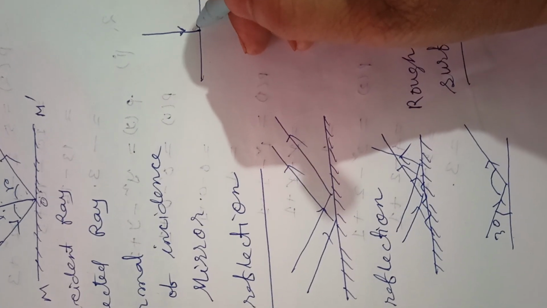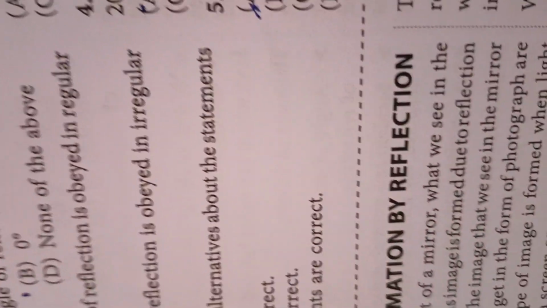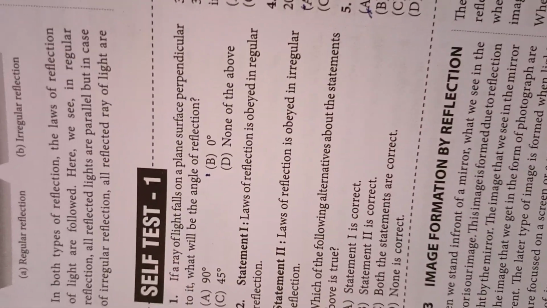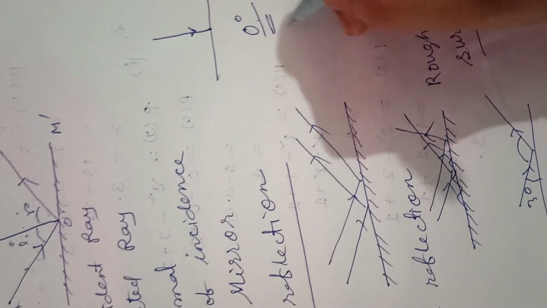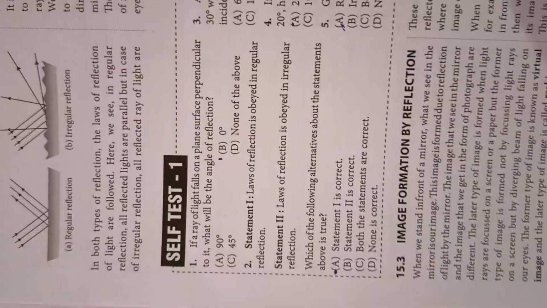So the angle of incidence is 0 degree. The question asks, what is the angle of reflection? Since the angle of incidence is 0 degree, the angle of reflection must be 0 degree. So for question number 1, the answer is B.